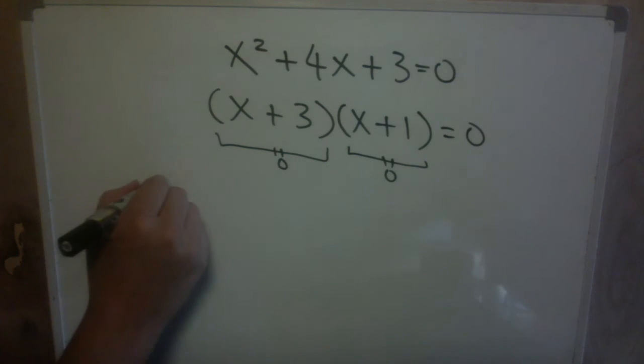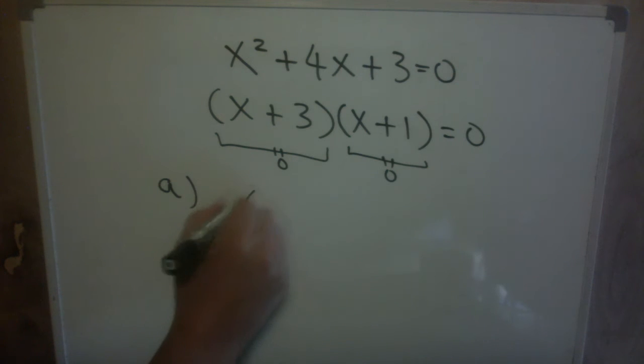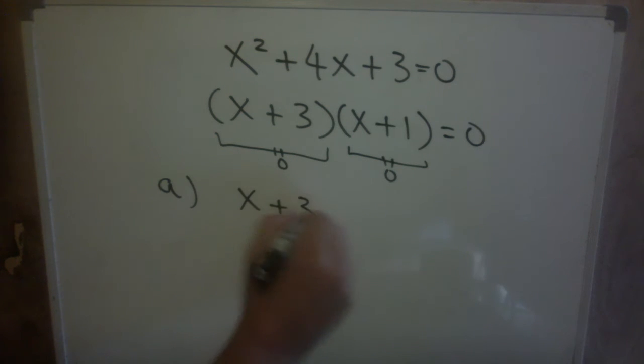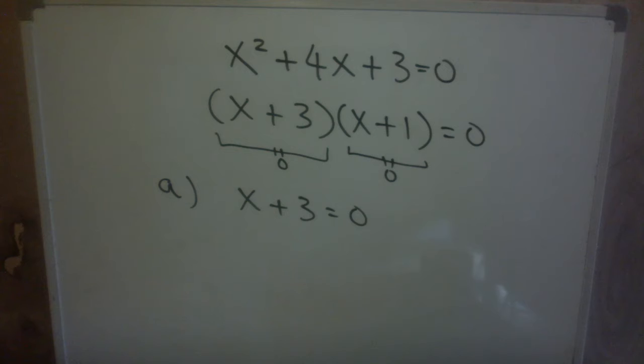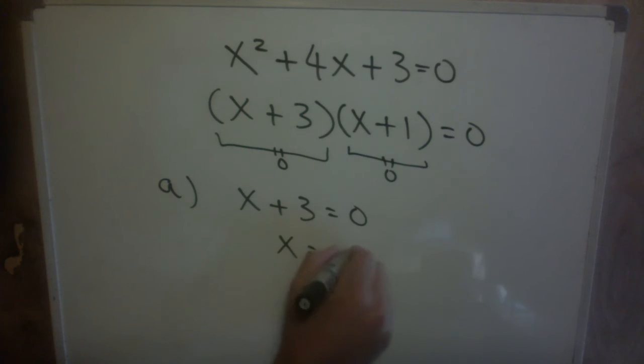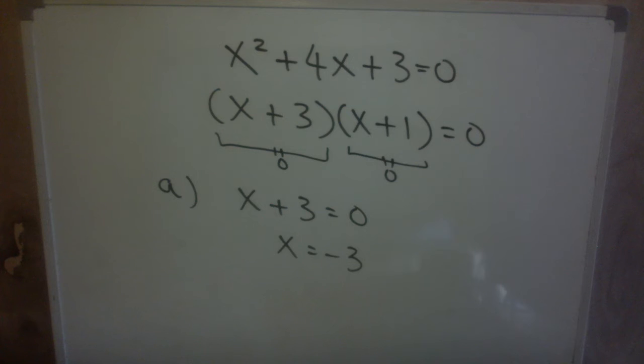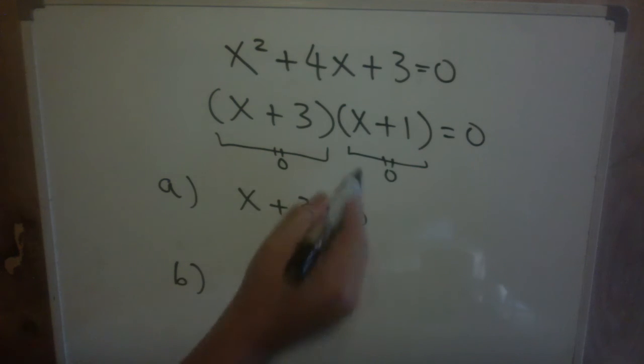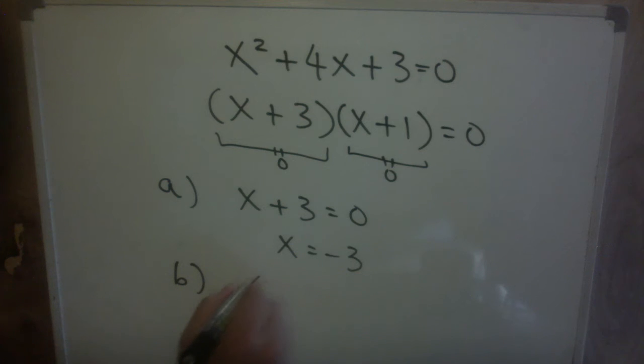The first solution is if x plus 3 is equal to 0. So that will be x equals negative 3. And the second case, B, is if x plus 1, the other part, is equal to 0.